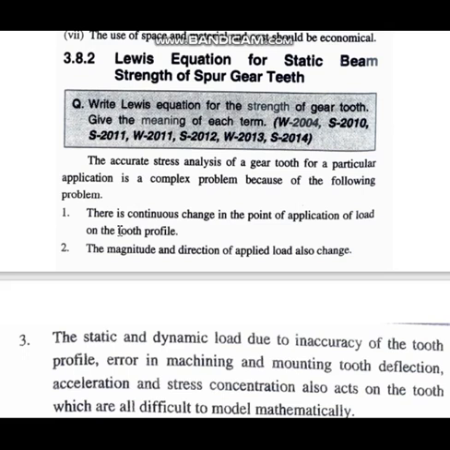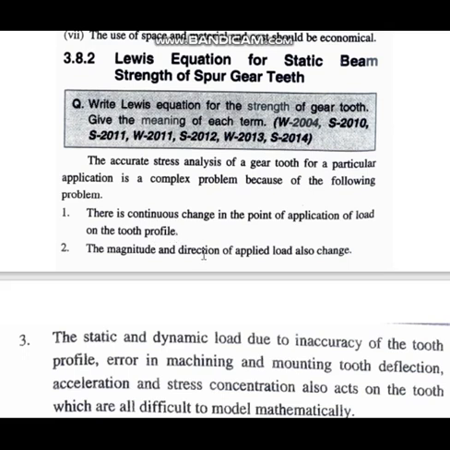What is that? There is continuous change in the application of load, because the profile is not a straight line or a circle. The profile is changing because there is a continuous change in the point of application of the load on the tooth profile.